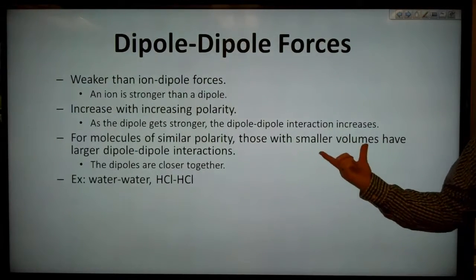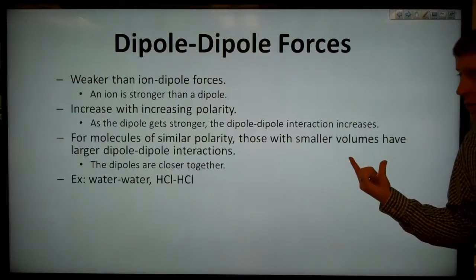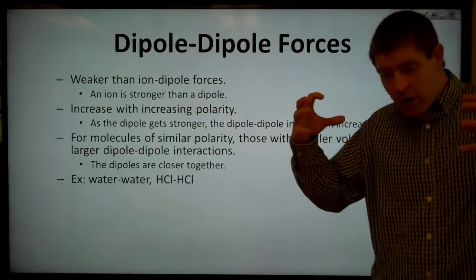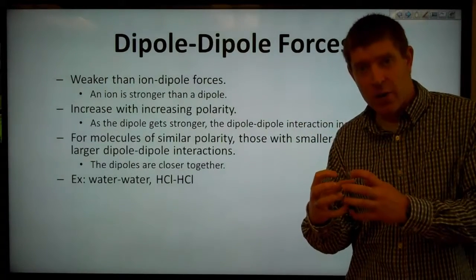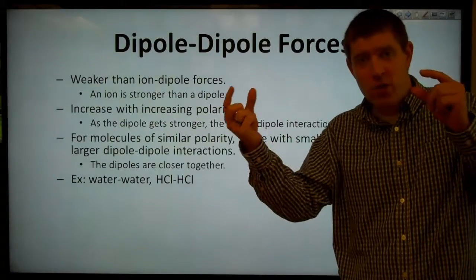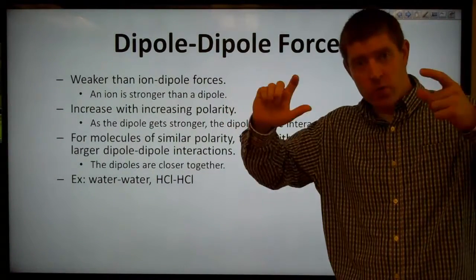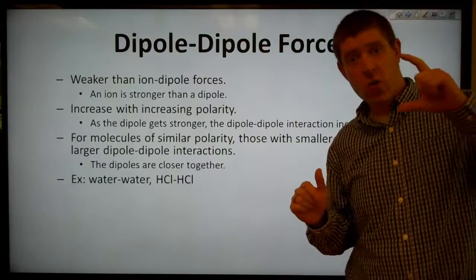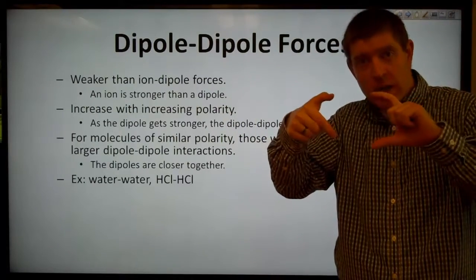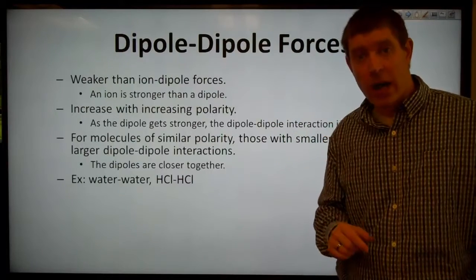And for molecules of similar polarity, those with smaller volumes have larger dipole-dipole interactions. Basically, the closer you can get your dipoles together, the stronger they will interact with one another. That seems to make sense if you have two magnets and you've alternated the ends, so the north pole of one is attracting the south pole of the other. As you get those closer together, that attractive force will be higher.